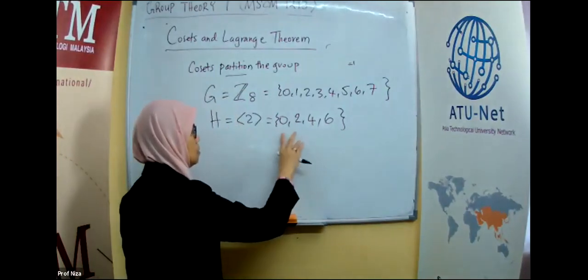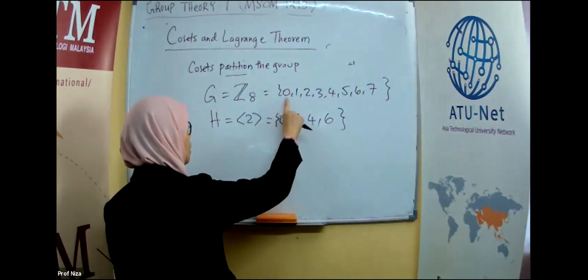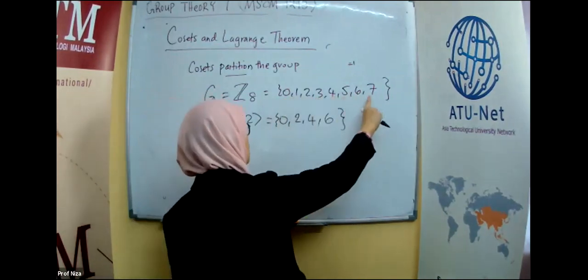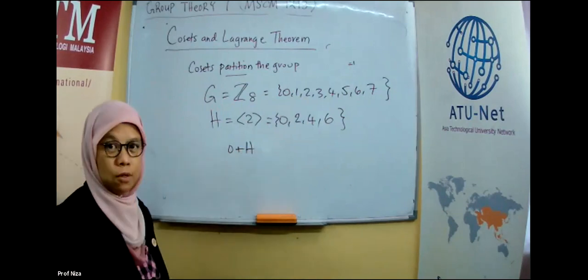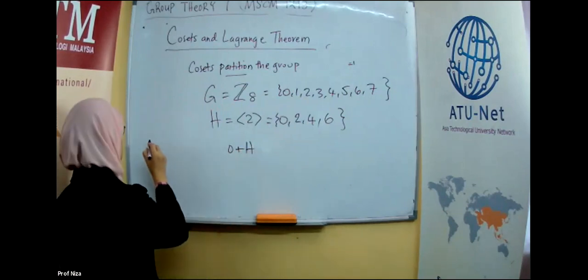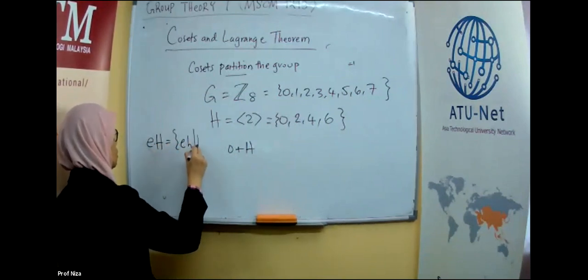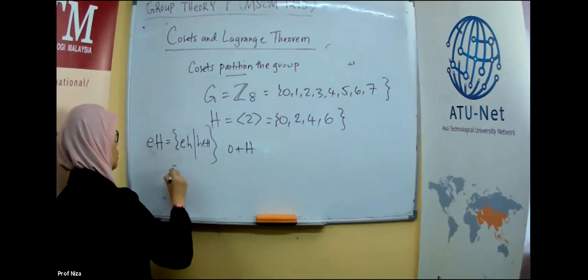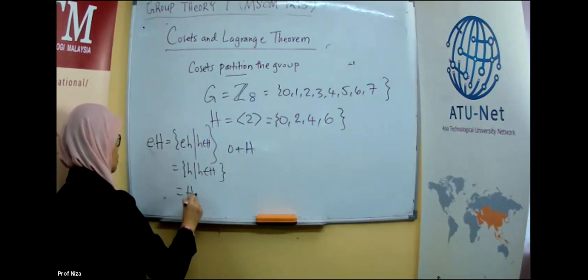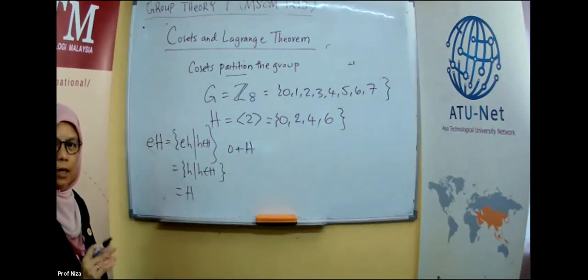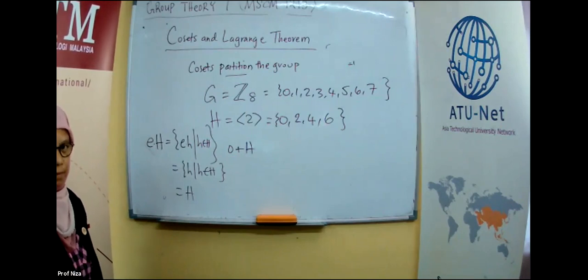H is a subgroup, just 4 of them. So you take one element here, that's a plus H. If it is the identity, remember the formula? It's just H, right? So the identity, if it becomes the representative, gives all of H.